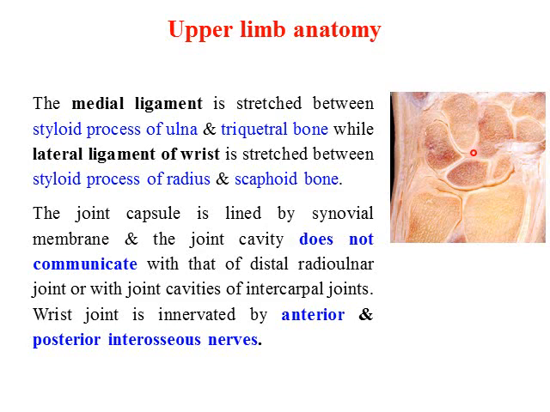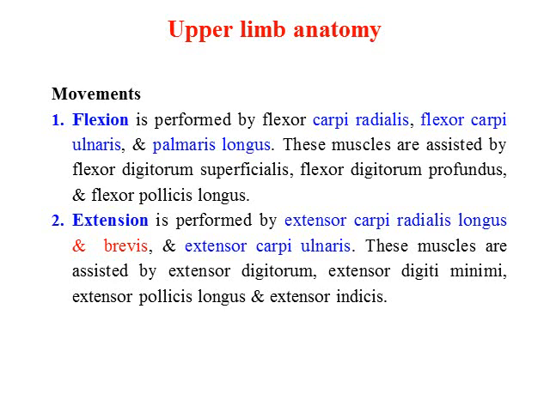Wrist joint is innervated by the anterior and posterior interosseous nerves, which are branches of the median and radial nerves. The movements which are possible at the level of the wrist joint include flexion, extension, abduction, and adduction.